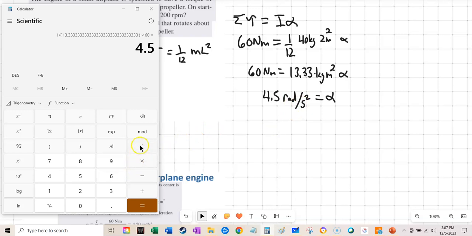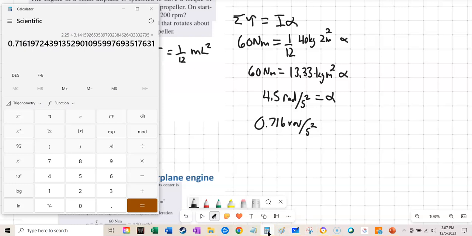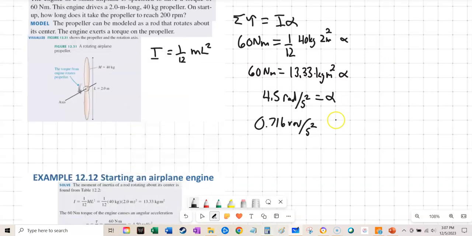So we're going to divide this by 2 and divide it by pi, which works out to be 0.716 revolutions per second squared.